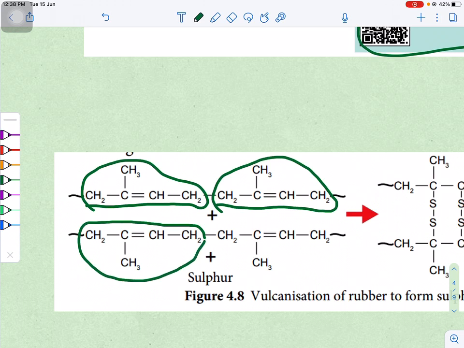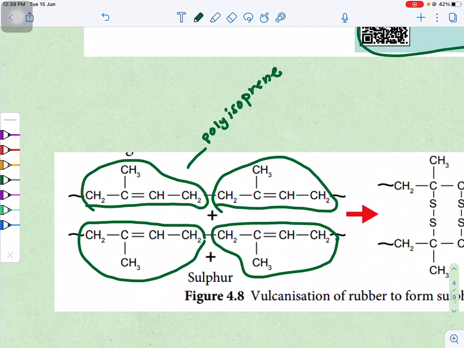Don't be surprised why the CH3 is different. We can put it anywhere, top or bottom, no problem. It is still the same structure. So this is like two layers of a rubber molecule. This is our polyisoprene, or the polymer of natural rubber.